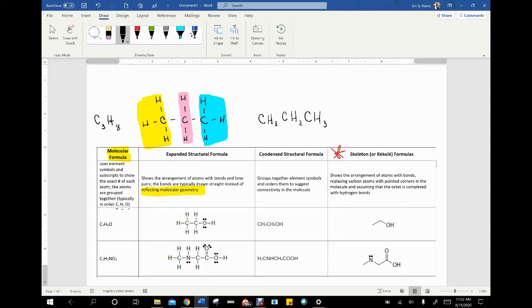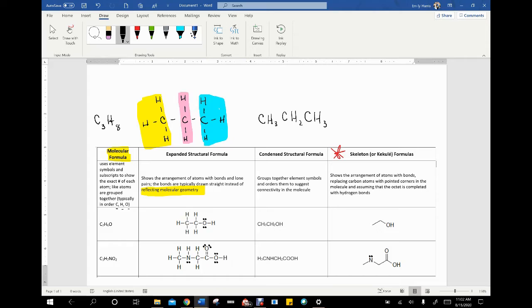Now finally, on to the fun one, in my opinion, the skeleton or Kekulé formulas. Where this comes into play relates back to the definition of organic chemistry, being the study of carbon-containing molecules. Organic molecules often have a lot of carbon in them.